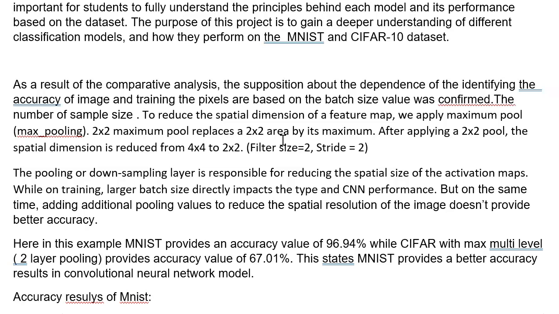I will explain that in the coming steps as well. But here, pooling or downsampling is responsible for the spatial size of the activation map. The activation map is how big the features are across the images. So that's what we are explaining as the activation map.